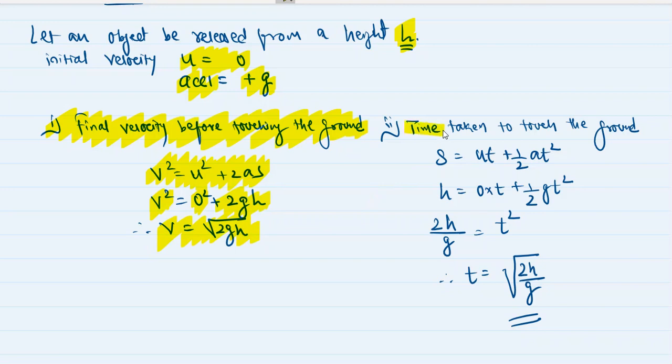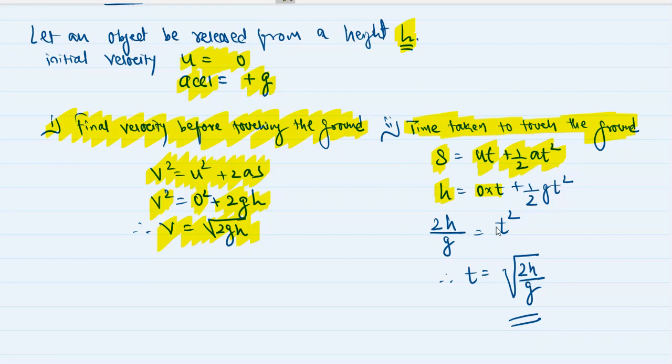Then time taken to touch the ground. Okay, so we are going to take s is equal to ut plus half at square to find the value of t, second equation of motion. Remember, in place of s we are writing h. h is the height from which the object is released. ut, now u is 0, of course initial velocity 0, so ut will become 0, plus half at square will become plus half gt square.